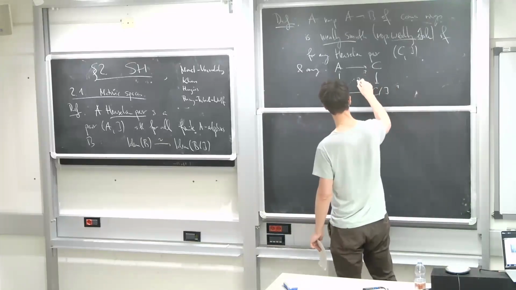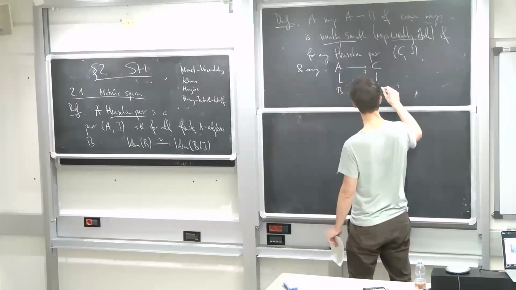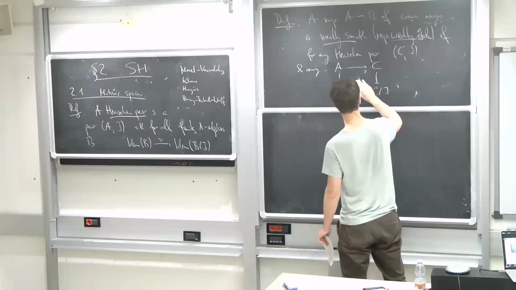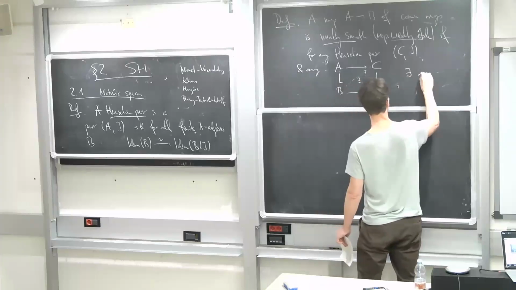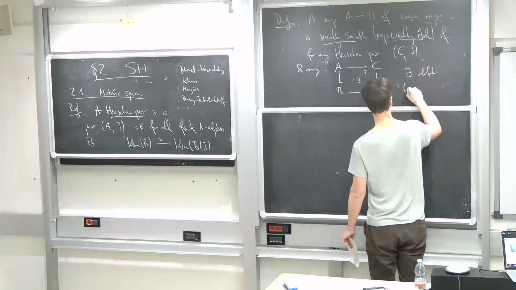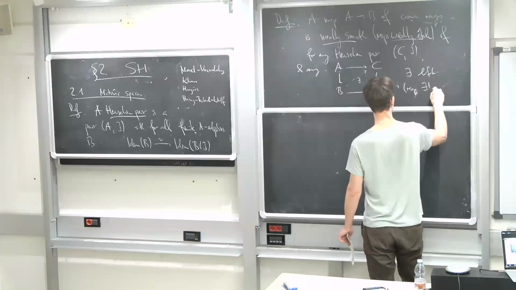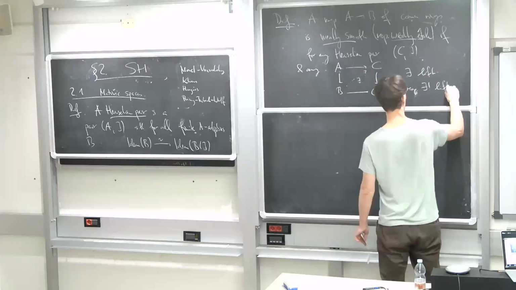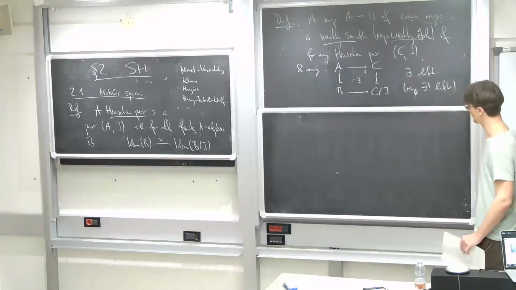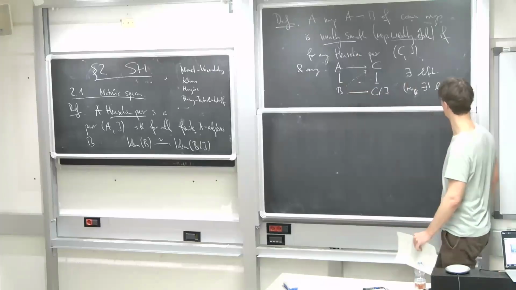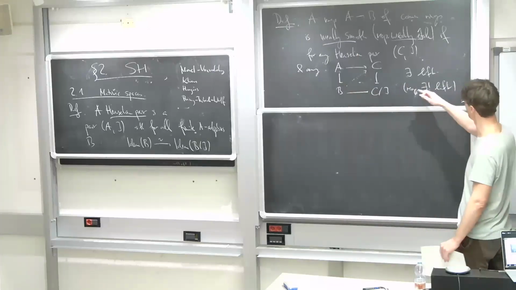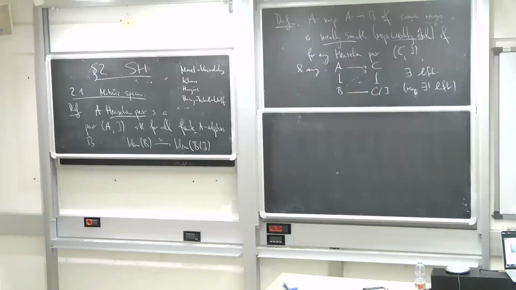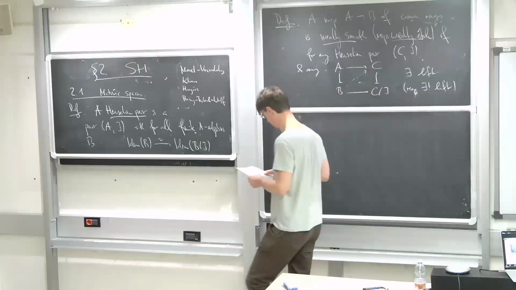So there exists a lift in the case of weakly smooth, respectively there exists a unique lift. So weakly smooth means existence of a lift, and weakly étale means there is only one lift.